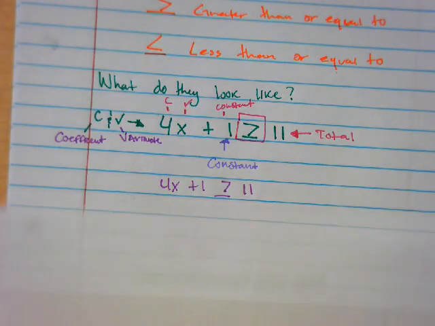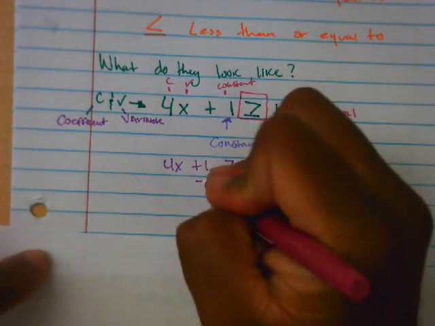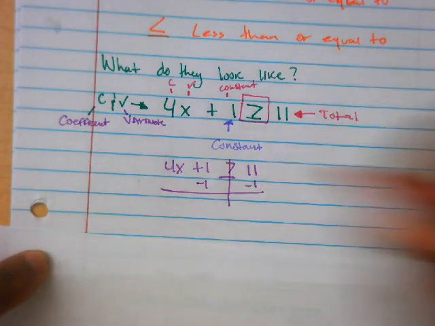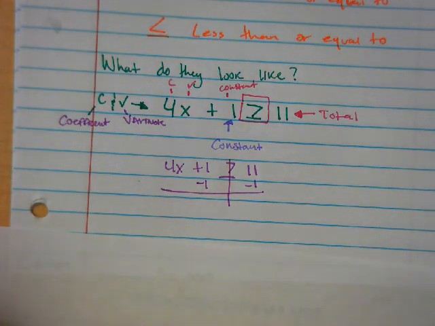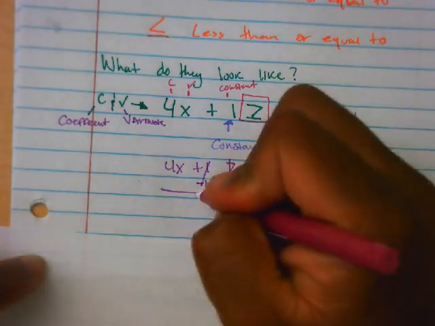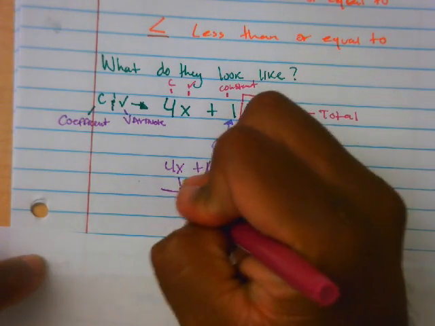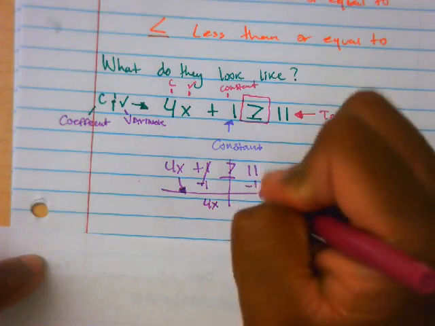To solve it, you do it the same way we did equations. We would subtract 1 here, subtract 1 here. Now they're not equal, obviously, but the same theory applies. Whatever I do to one side, I need to do to the other. So if I subtract 1 over here, I subtract 1 over here as well. You bring down the 4x, and then 11 minus 1 is 10.